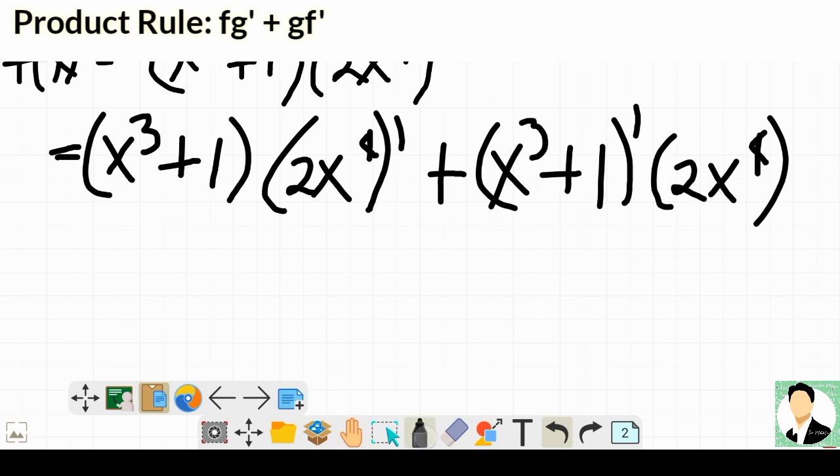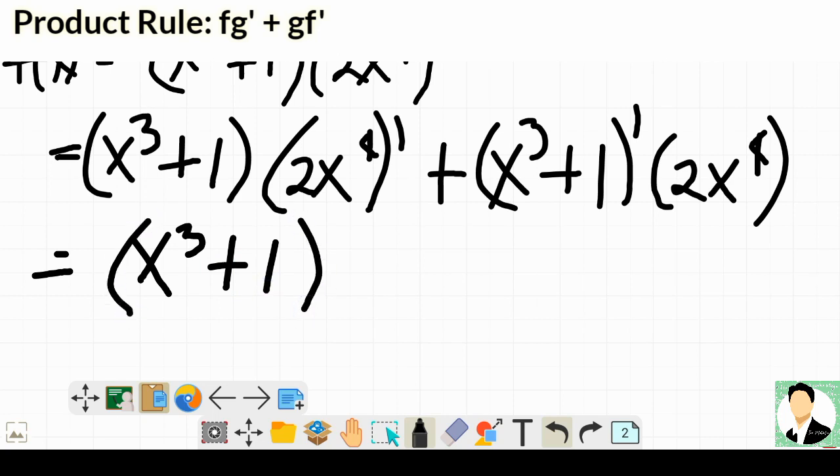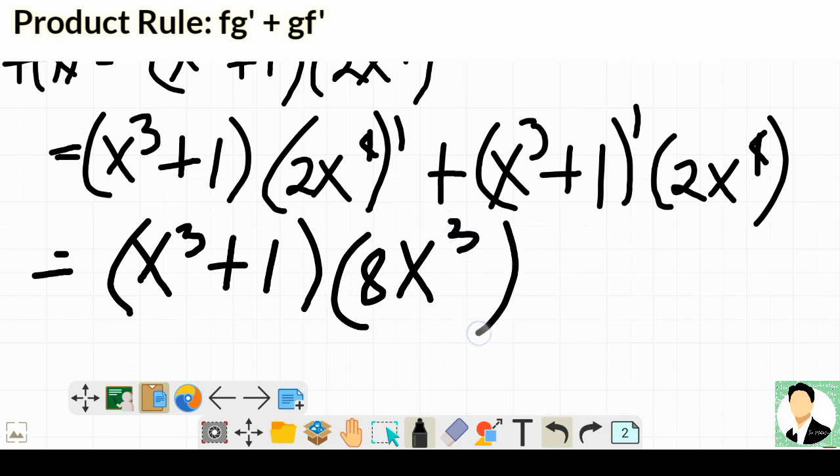So, next step, x cubed plus 1. So, ang derivative ng 2x raised to 4 is 8x raised to 3. So, ginamit natin yung n rule. So, 4 times 2 is 8 and 4 minus 1 is 3.